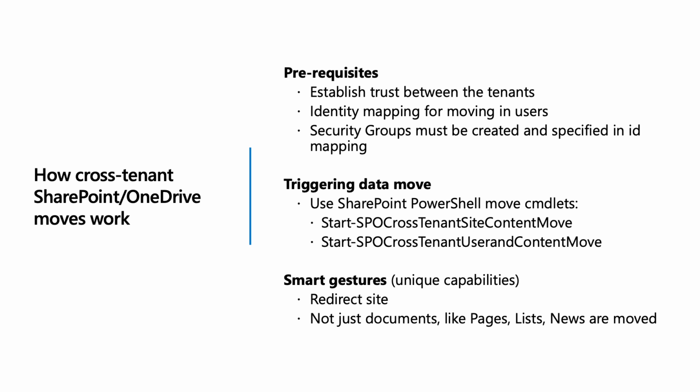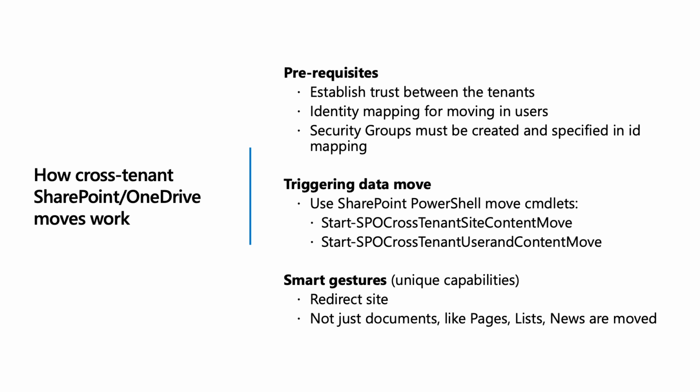To move the user's OneDrives, use the Start-SPOCrossTenantUserContentMove commandlets. These move operations are based on our multi-geo move operations, and hence they offer a seamless scheduling capability as well for the administrators, and also the smart gestures that I'm going to talk about now.